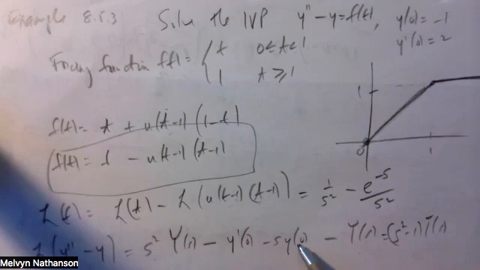Sorry, y of 0 is minus 1. Yes, s squared minus 1 Y of s minus 2 plus s.